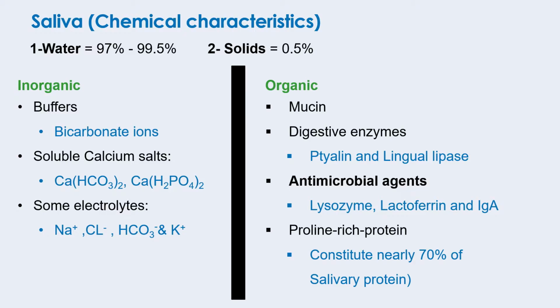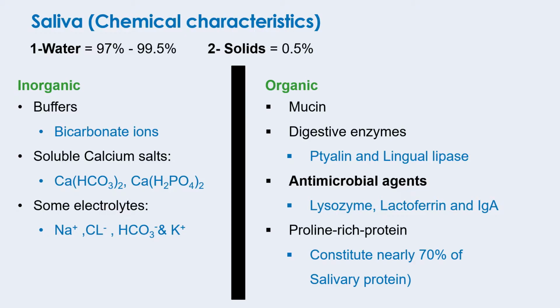So the buffer present in the saliva is bicarbonate. As I told you, initially the saliva is acidic, so due to the secretion of bicarbonate into the salivary ducts, it becomes basic in nature, so it is neutralized by bicarbonate.